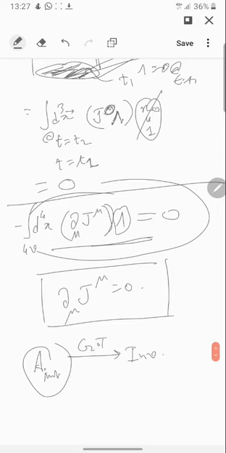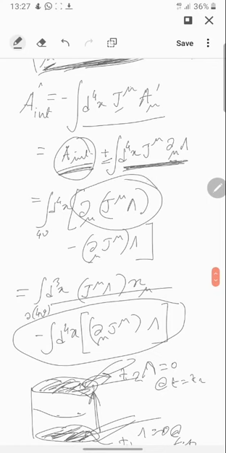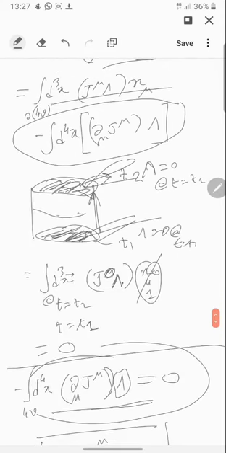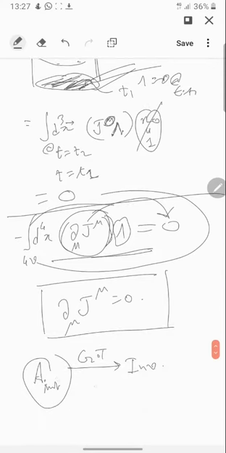That extra part can be divided into two parts. One part is a surface integral, which we by logic put to 0. Then there was another term which has del mu j mu multiplied by lambda. This term will only be 0 if del mu j mu is 0. That kind of a condition can be imposed. So, for our interaction action to remain gauge invariant under the transformation of the A mu vector field, we need this condition: del mu j mu equal to 0.